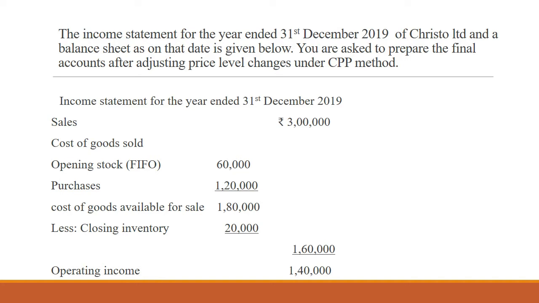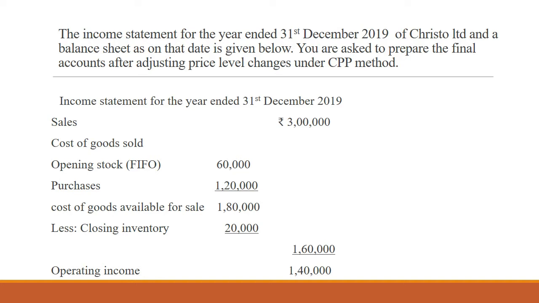The income statement for the year ended 31st December 2019 of Crystal Limited and a balance sheet as on that date is given below. You are asked to prepare the final accounts after adjusting price level changes under the CPPA method. In the income statement, sales are rupees 3 lakh.